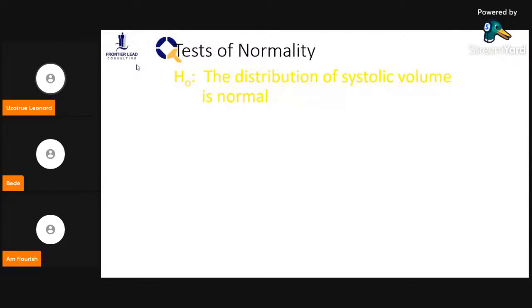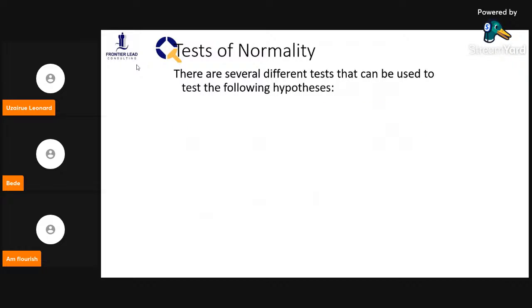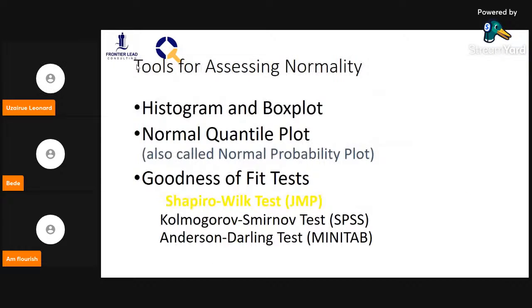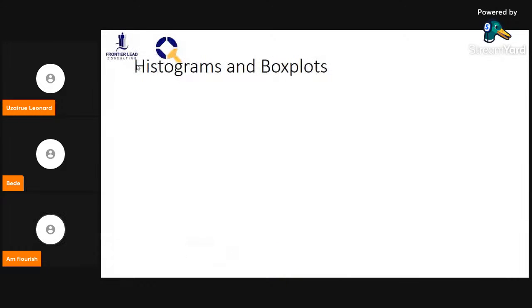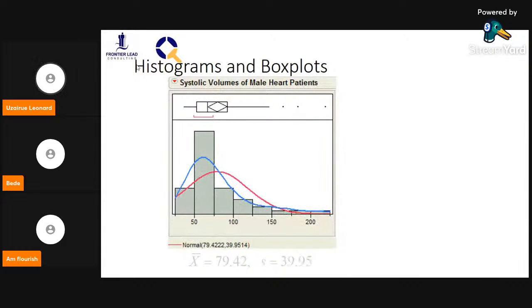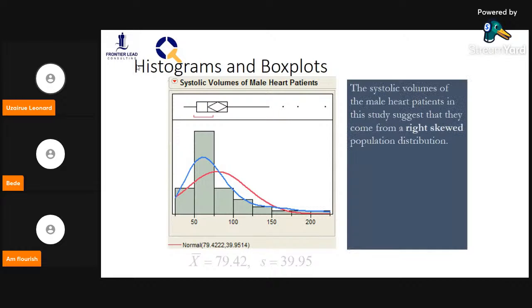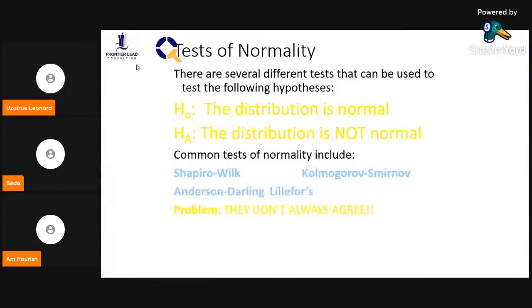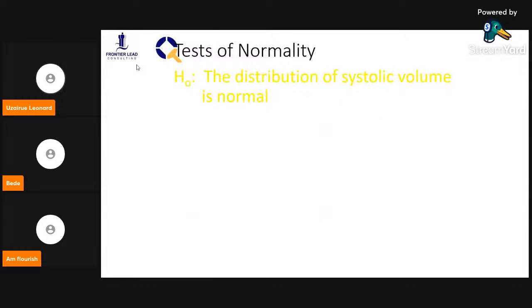So now let's dive into this. We want to use the systolic volume of a male heart as the example. We are saying that the distribution of systolic volume is normal.